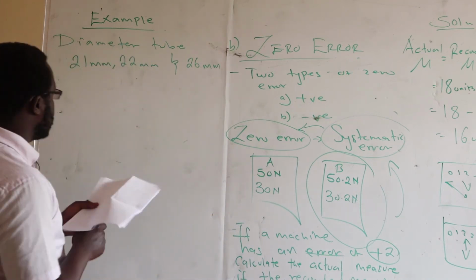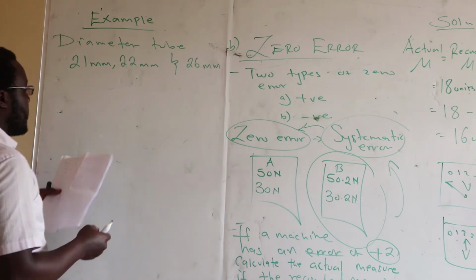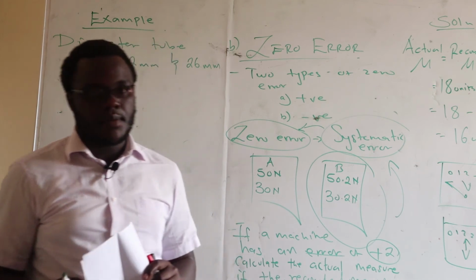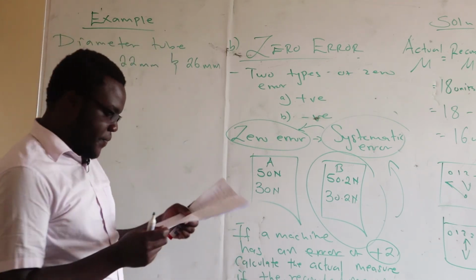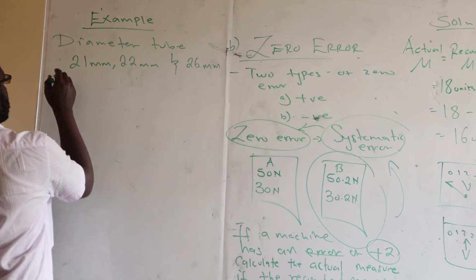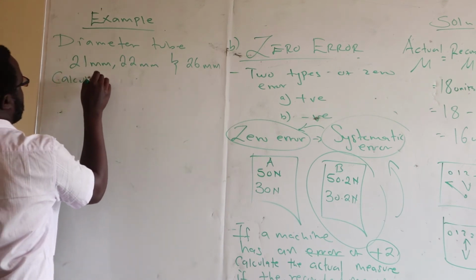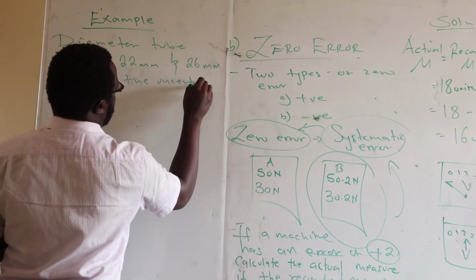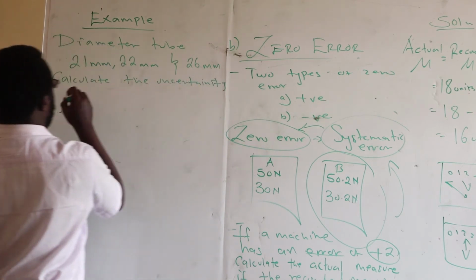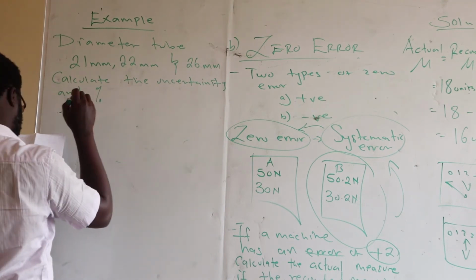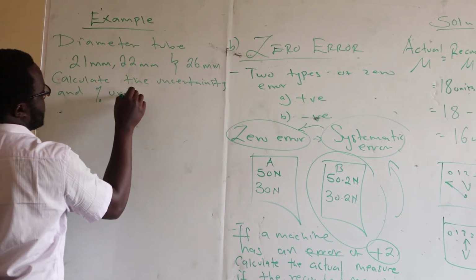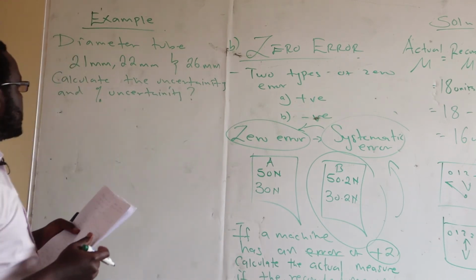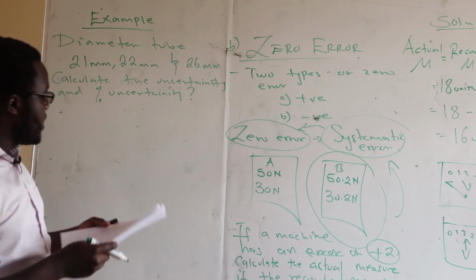Assuming that the results are not anomalous, meaning that the person was precise and tried as much as possible to use the instruments correctly, calculate the uncertainty and the percentage uncertainty in this case.